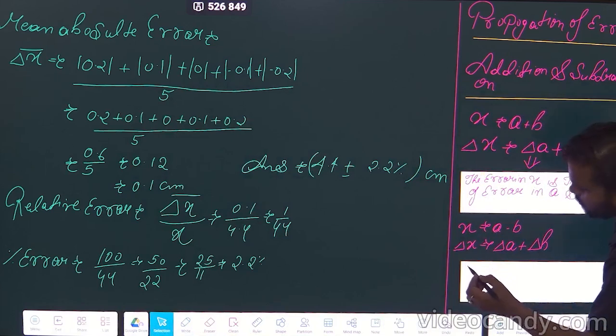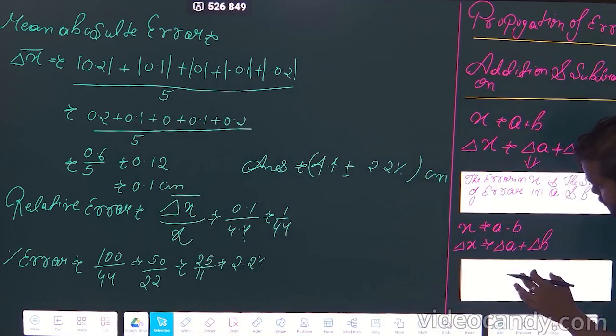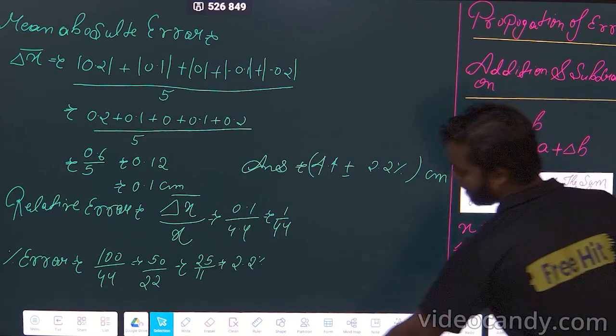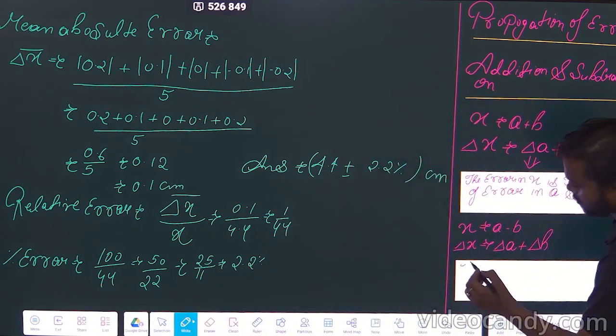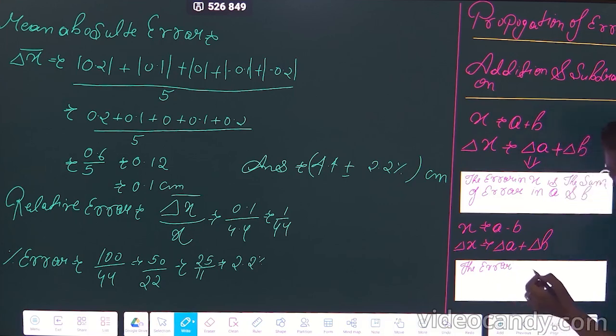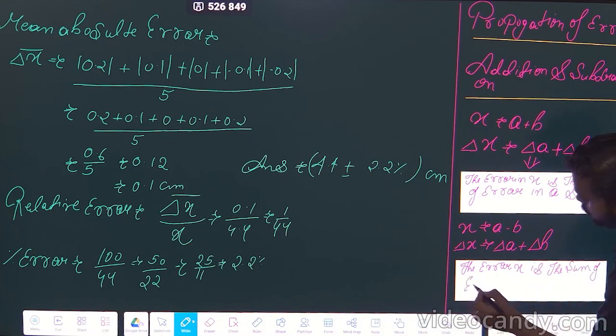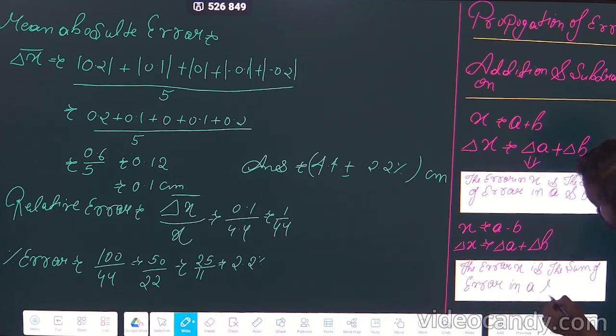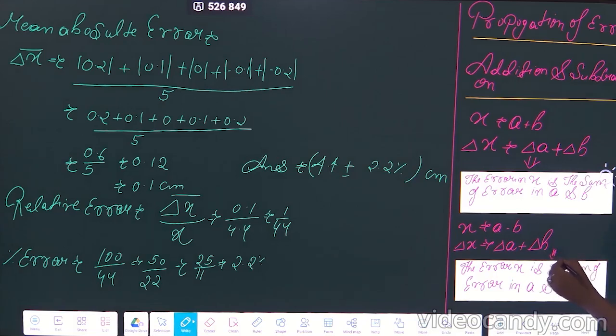Okay, so remember, the error in x is the sum of the errors in a and b. In this also the error in x will be the sum of the errors in a and b. So you have to remember these two things.